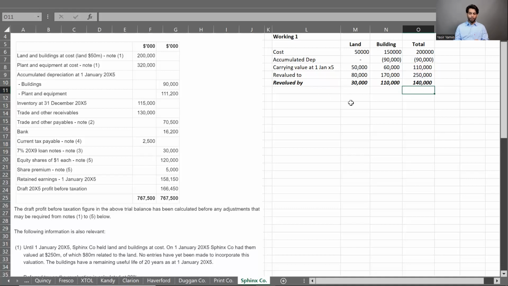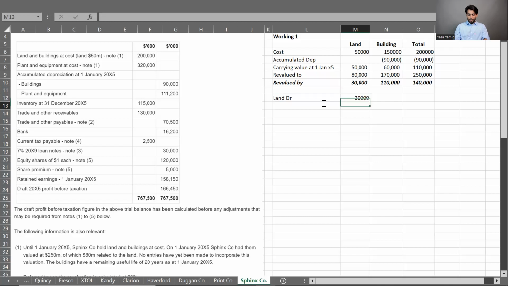Any idea what should be the accounting entry? Please let me know what should be the accounting entry that we should be making here. What debit and what credit? Land will be debited, or DR, by 30,000.